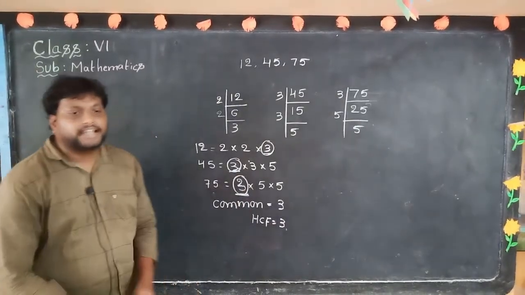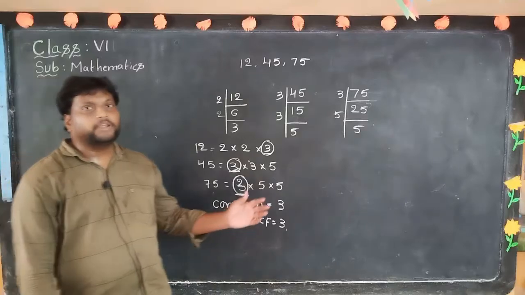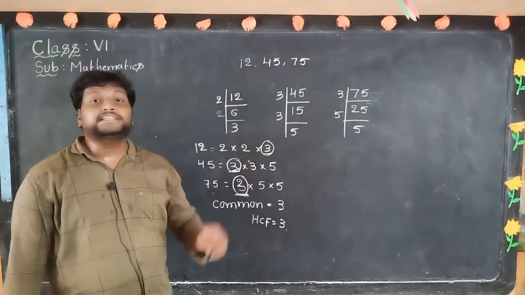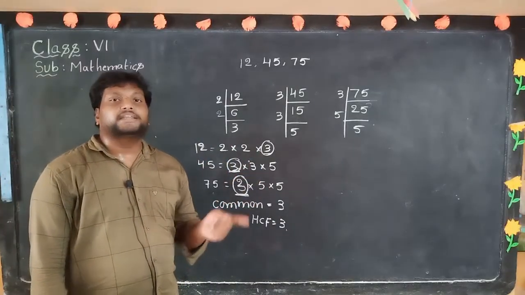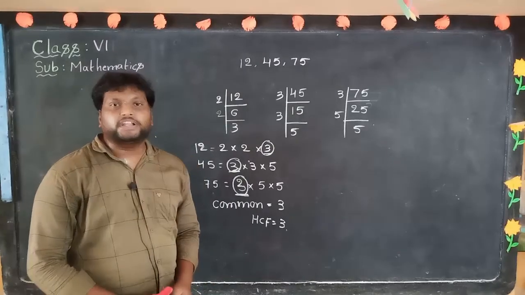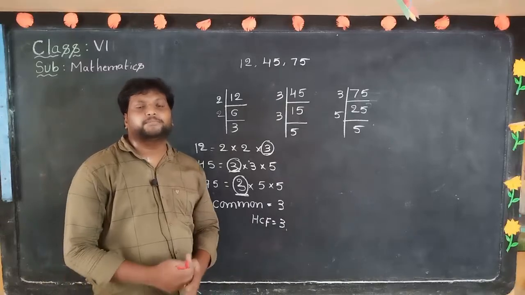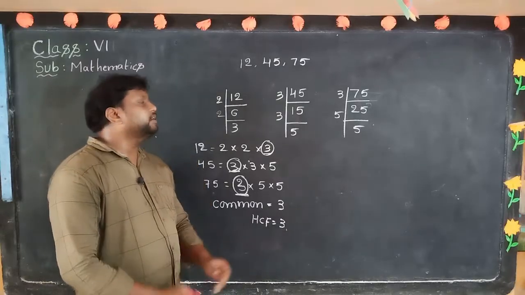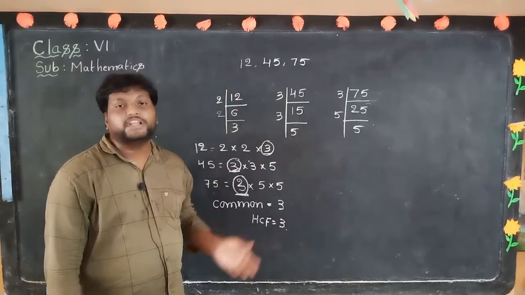Okay students, next class we will continue the remaining problems. One more thing: the HCF of all numbers is 1, and the HCF of all even numbers is 2, because every even number is divisible by 2. For consecutive numbers, the HCF of 2 and 3 is 1. The HCF of 2 and 4 is 2.